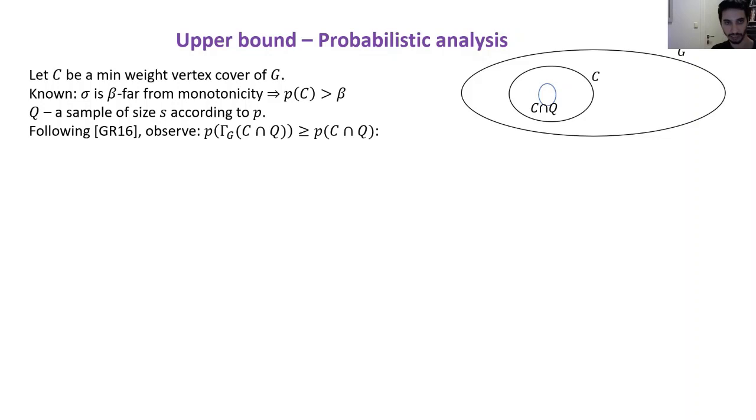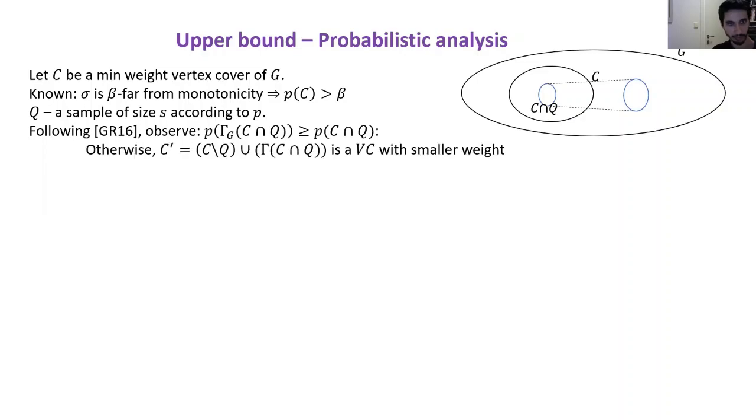Following the paper of Goldreich and Ron, we observe that the weight of the set of neighbors of C intersection Q is at least the weight of C intersection Q. And why is that? Otherwise, we consider the set C prime, which is defined by taking the set C and replacing every symbol that was sampled by its neighbors, which might not be in C. And we claim that C prime is a vertex cover.